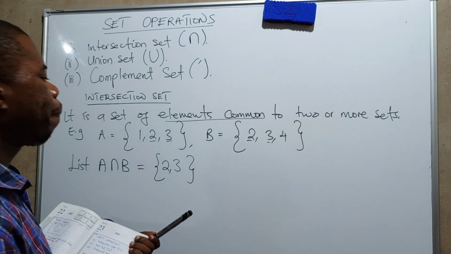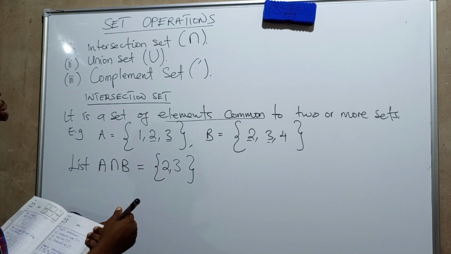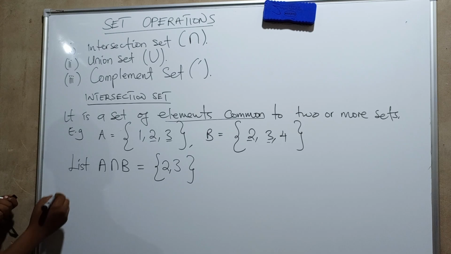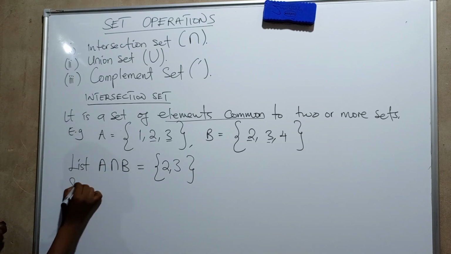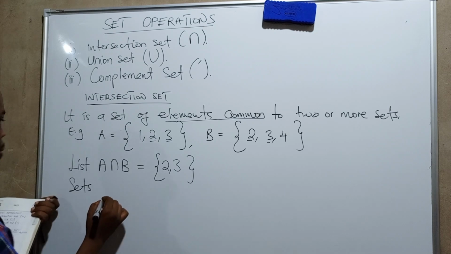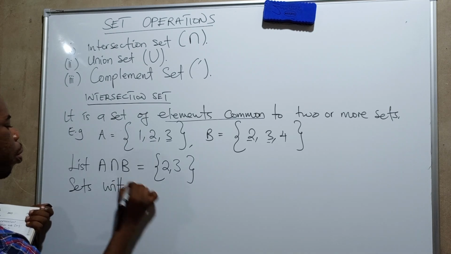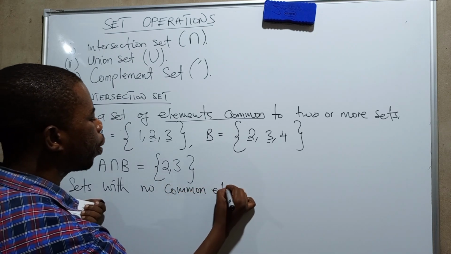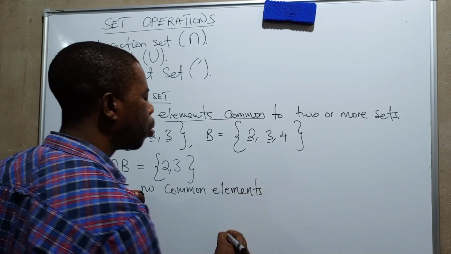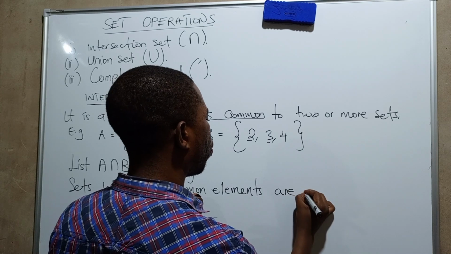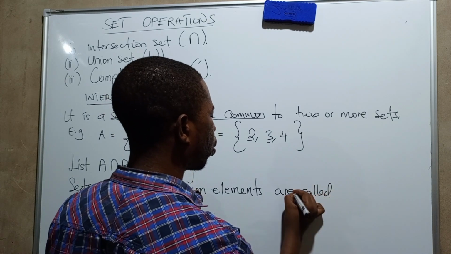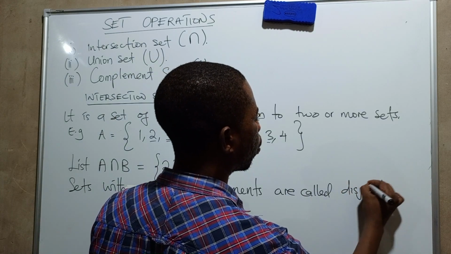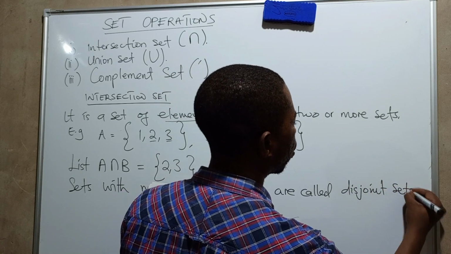Sets may not have common elements. Sets that do not have common elements are referred to as disjoint sets. I can just give you that as a bonus point. So sets with no common elements are called disjoint sets.